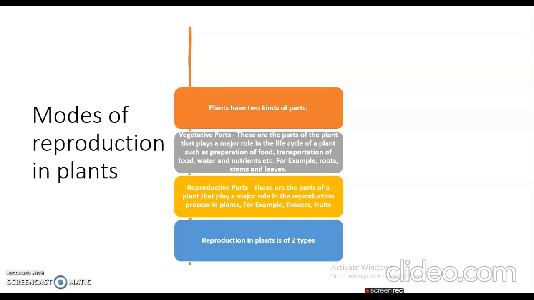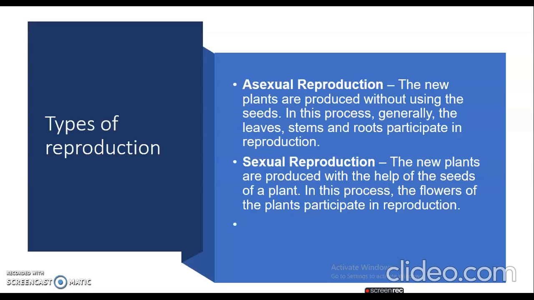Reproduction in plants is of two types. So let us learn about the two types of reproduction in plants. Asexual reproduction. The new plants are produced without using the seeds. In this process, generally the leaves, stems and roots participate.